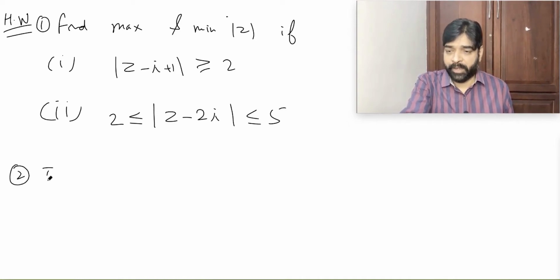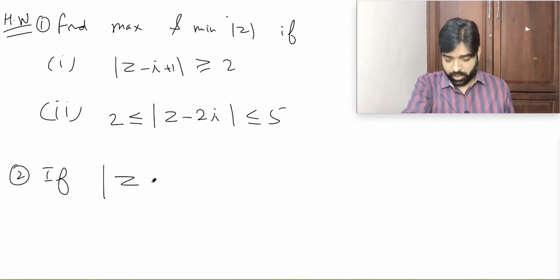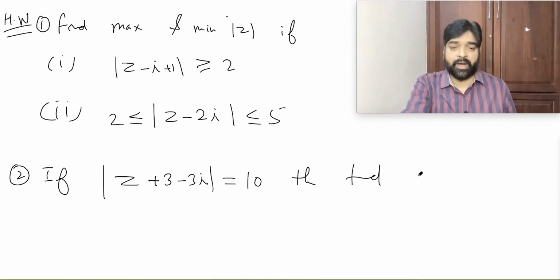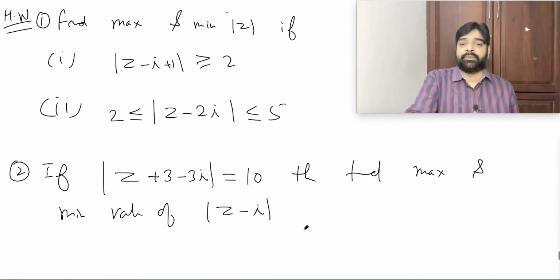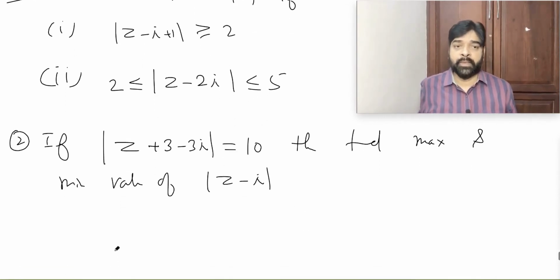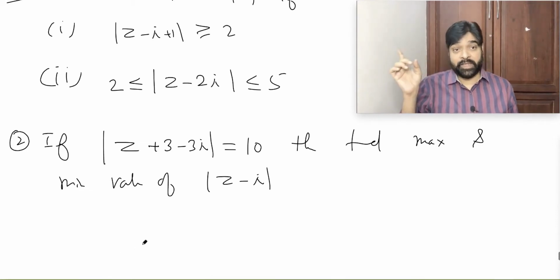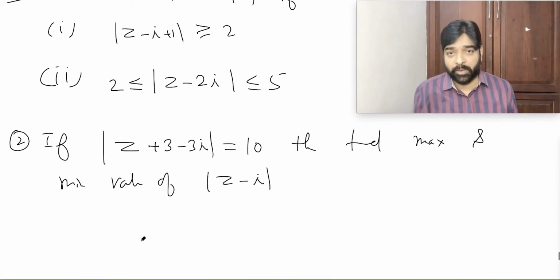Second question: if mod of Z plus 3 minus 3I is equal to 10, then find the maximum and minimum value of mod of Z minus I. There we join the center and the origin because they were asking mod of Z minus 0.